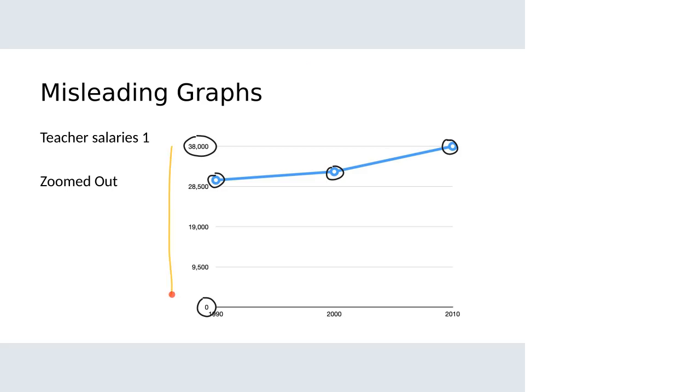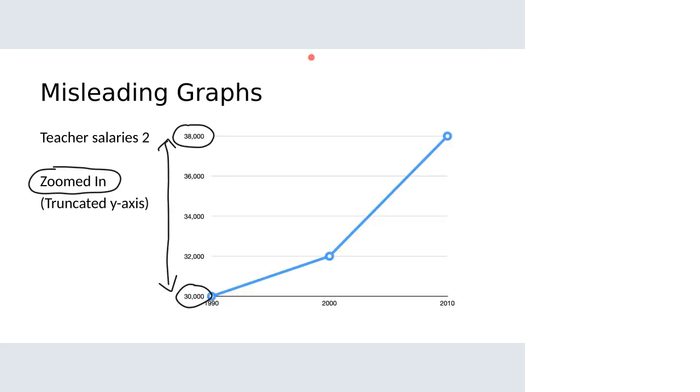Instead of using the entire y-axis, the graph from the school board only shows this much. They've cut the rest of this off. And when you cut that off, that's called truncating. If you truncate the axis, you are zooming in on where the data is located. And when you zoom in on where the data is located, the result is that the changes look more dramatic.